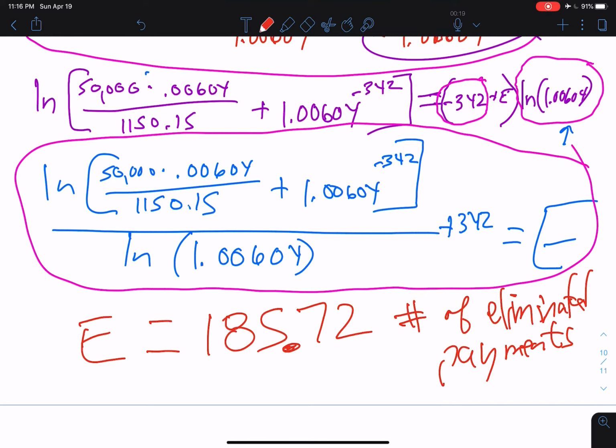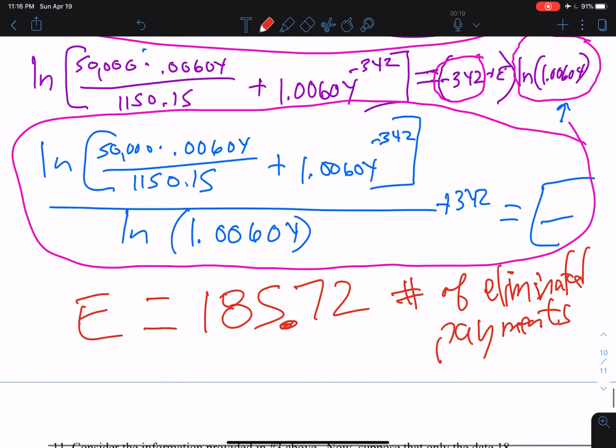Once again, we have to do some interpretation here. This means that 185 payments will be eliminated, and there will be a 186th payment that won't be eliminated entirely, but it will be a much smaller payment than it would have been.